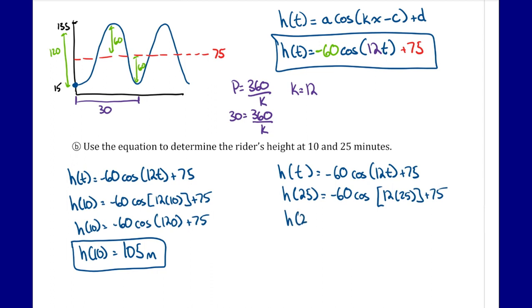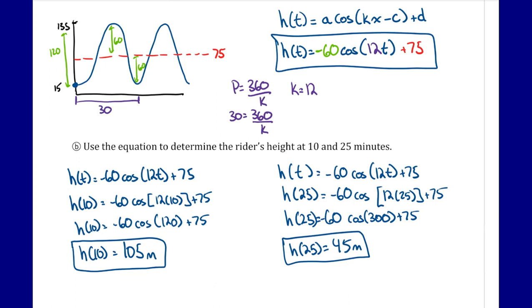We get h at 25 is equal to negative 60 cos 300 plus 75. This is just a calculation, and we should get that our height is 45 meters.